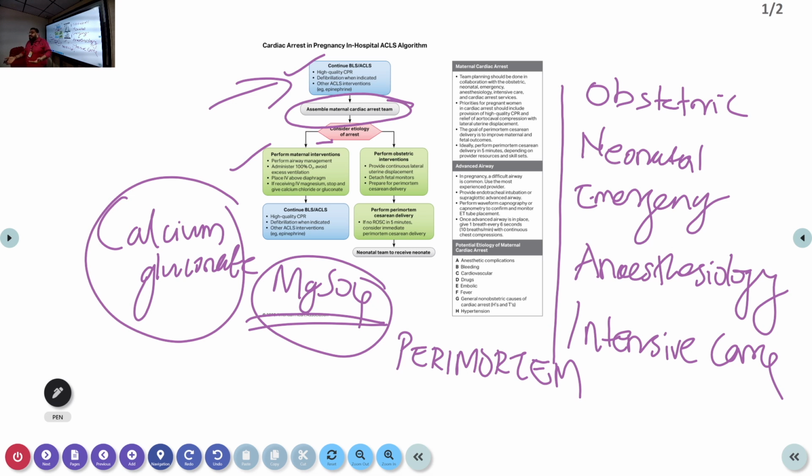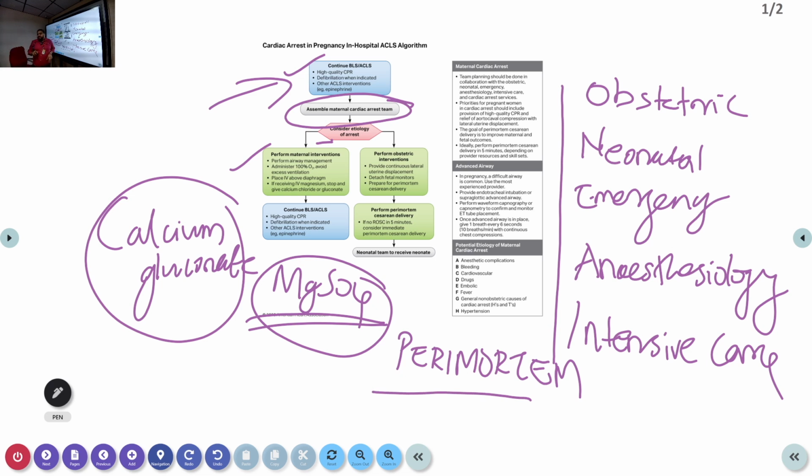So there is a high chance that the mother also can survive by removing the baby. So in a pregnancy-related cardiac arrest, we can do a perimortem cesarean section in the ER itself, rather than in the theatre, along with the cardiac arrest management. We call it a perimortem cesarean section. You understood?